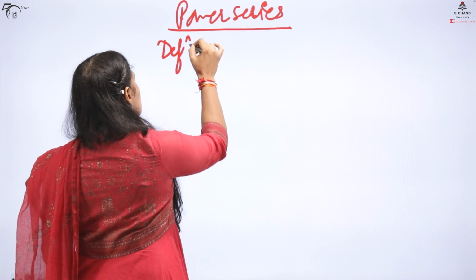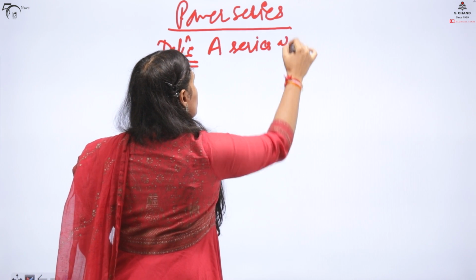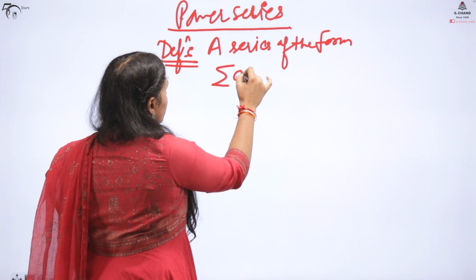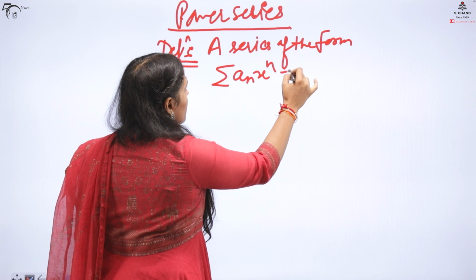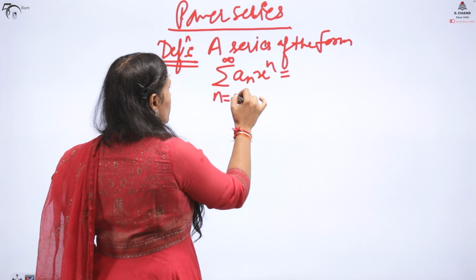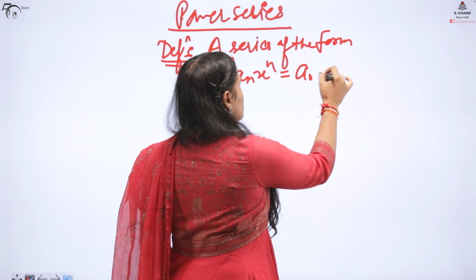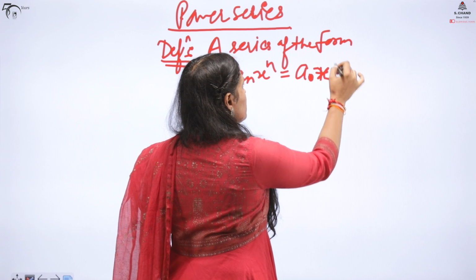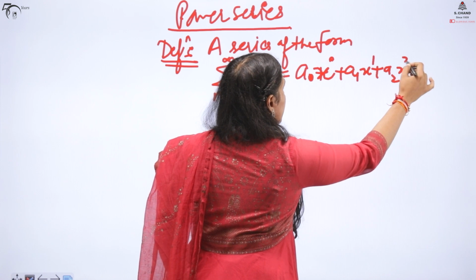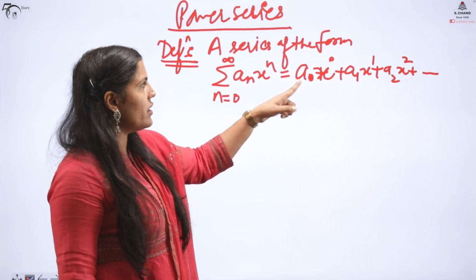Let's start with the definition. A series of the form summation an xn. I am just expressing it, and there is a change also. I hope you will notice that. Let me just write first the terms. So it is a0 x0, a1 x1. I am just varying the n value. So this series is a0 plus a1 x.